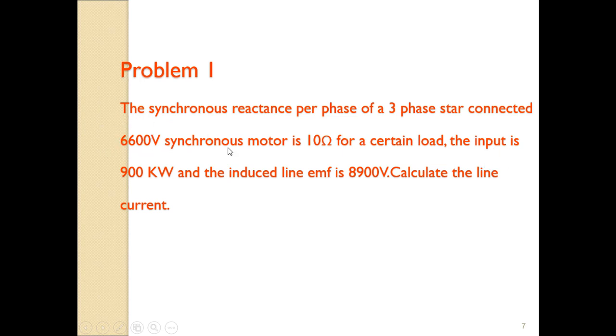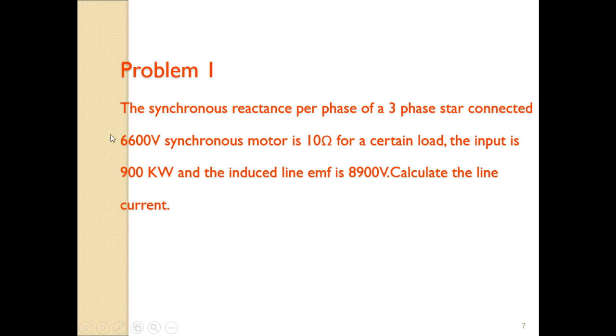And the input power is also given, that is 9,000 kilowatts. What is the input power? That is root 3 VL IL cos phi, equal to 9,000 kilowatts. And the induced EMF, this is also a line value, that is 8,900 volts, and we have to calculate the line current.